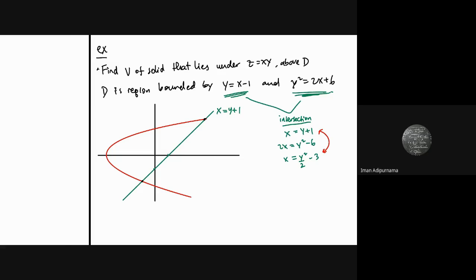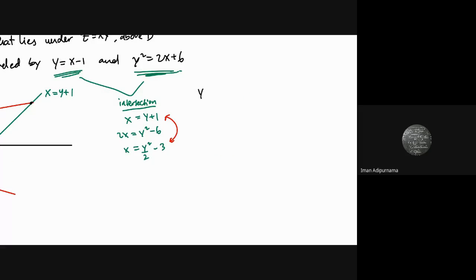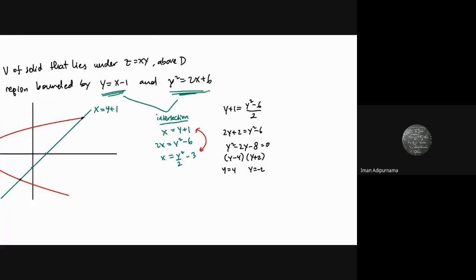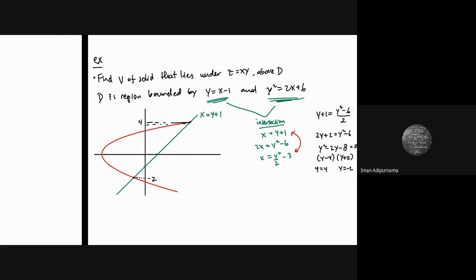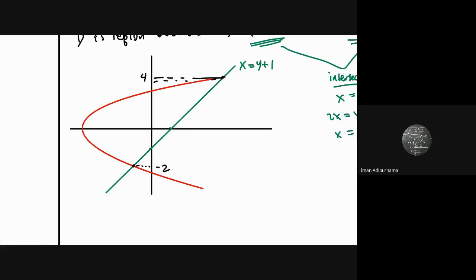So let's do that. So y plus 1 is equal. We can solve this through the quadratic equation. So we will have y equals 4 and y equals negative 2. So this will be 4, and this will be negative 2. I think that's a good proportion. So this is negative 1 and 2.